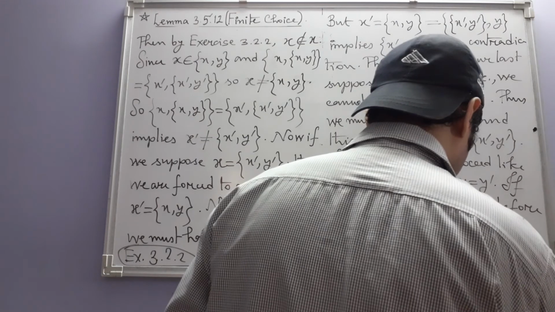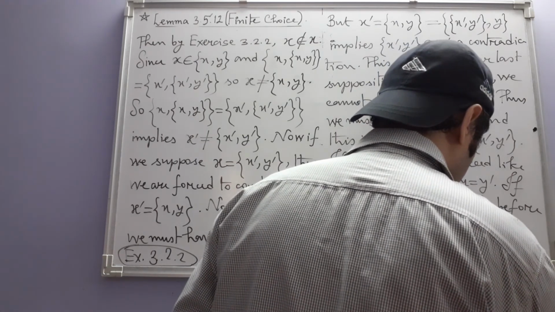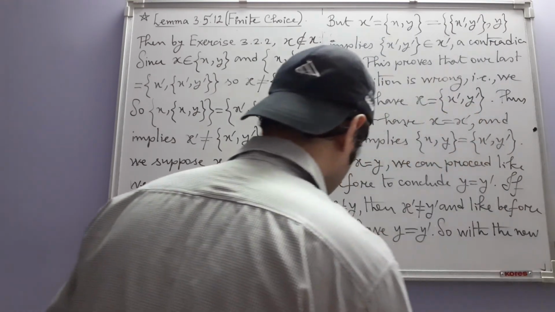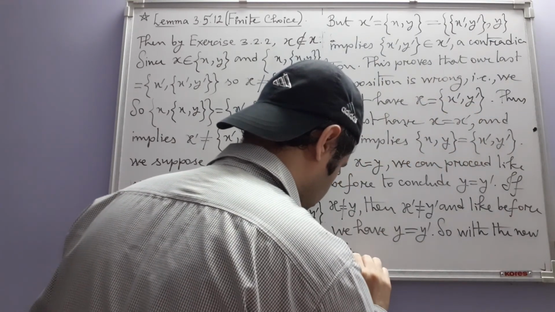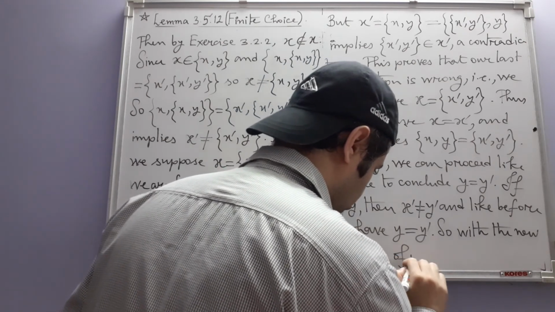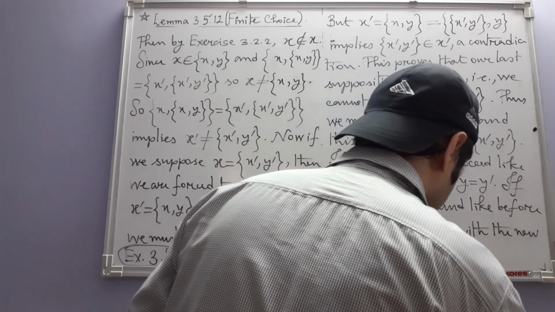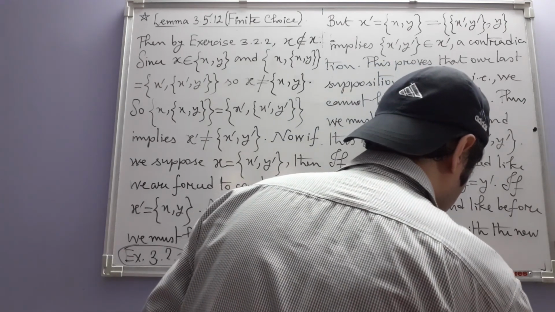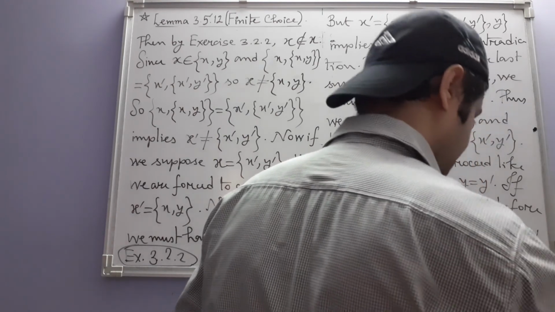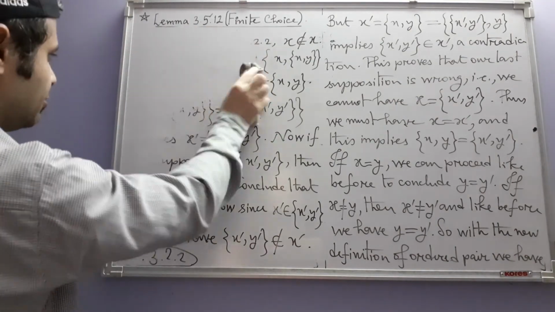So, with the new definition of ordered pairs, we have verified 3.5.